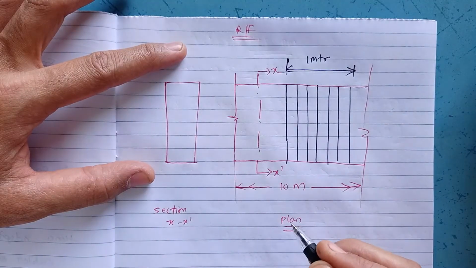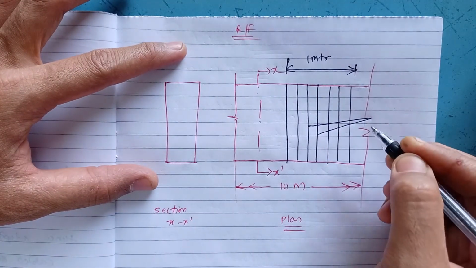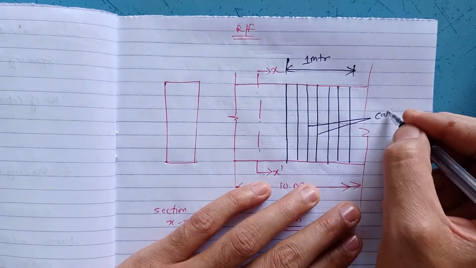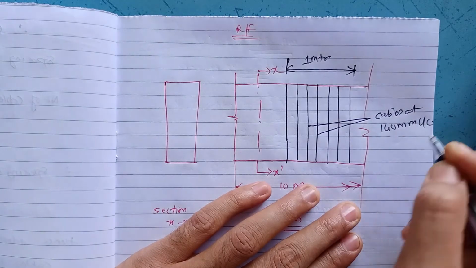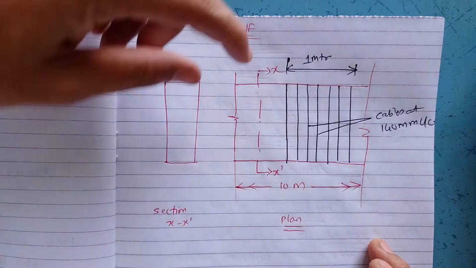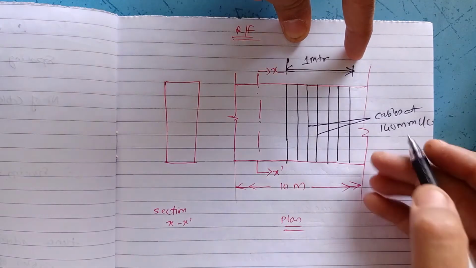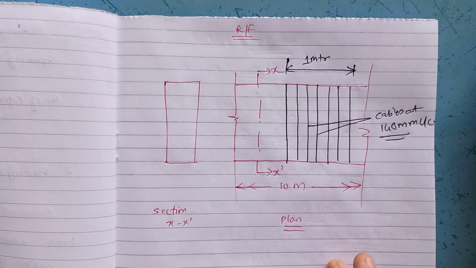Hence the 7 cables were at per meter width of slab, and these cables are provided at 140 mm center to center. As in the slab we consider unit width, these 7 cables were for 1 meter width of the slab, and spacing we have calculated as 140 mm center to center.